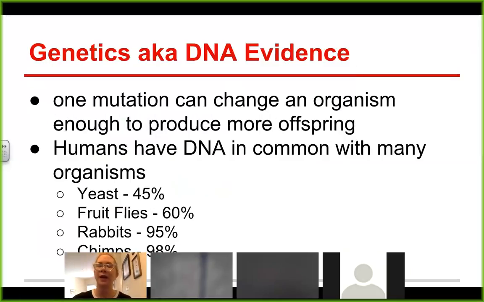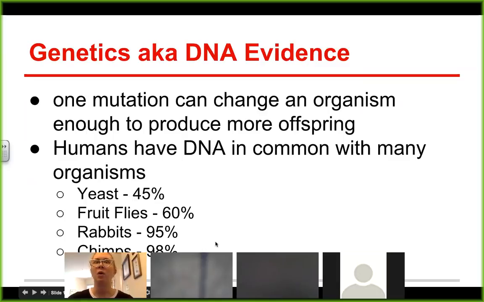Okay, genetic evidence. This is really what solidified evolutionary theory. Before we knew about DNA, before we knew about genes, people were kind of like, maybe it means that, we don't know. Then DNA comes into the picture in the 1950s, and scientists start really looking at it and figuring out how to compare organisms.